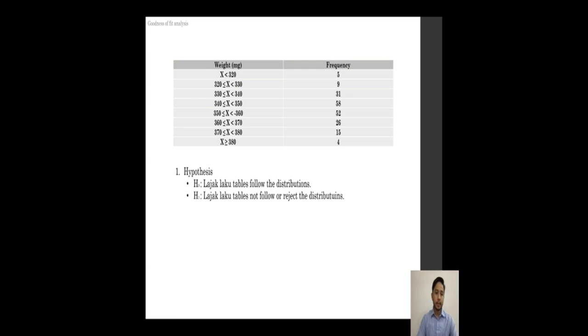So the hypothesis: H0, Lajak Laku tablet follows the distribution; H1, Lajak Laku tablet does not follow, or rejects, the distribution. With this hypothesis we will see whether the result follows it or rejects the distribution.